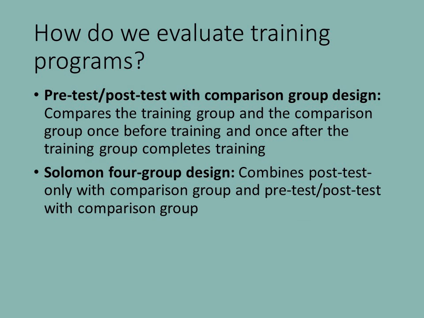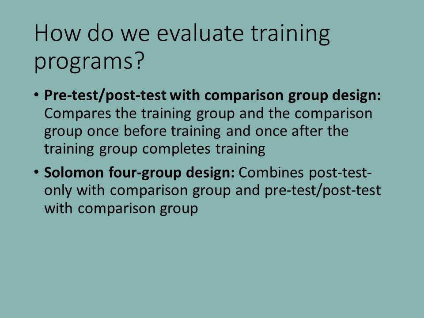The Solomon 4-group design is one of the gold standards in training evaluation. It combines 2 of the designs that we've already learned about, the post-test only with comparison group design and the pre-test post-test with comparison group design. This method requires 4 groups, 2 training groups and 2 comparison groups, which means it requires a lot of resources.